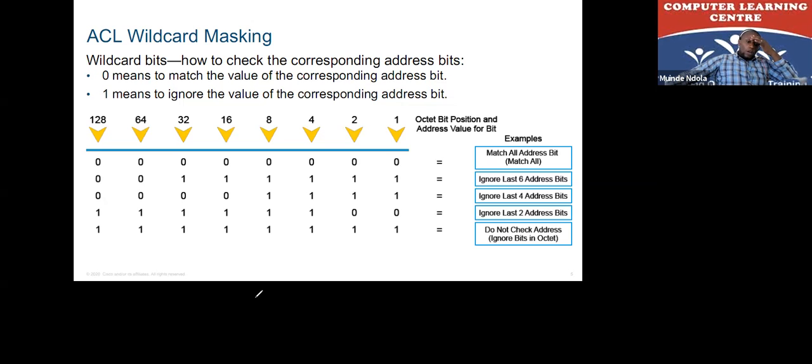Let's say now you want to configure a rule that only captures the first network of 10.10.10.0, so I want only to deal with 10.10.10.1 all the way to 126. Those are the IPs that I want to include in my access list. If you go with a wildcard mask of 0, that means you have to do 126 statements. If you go with a wildcard mask of 255, it's going to include both subnets.